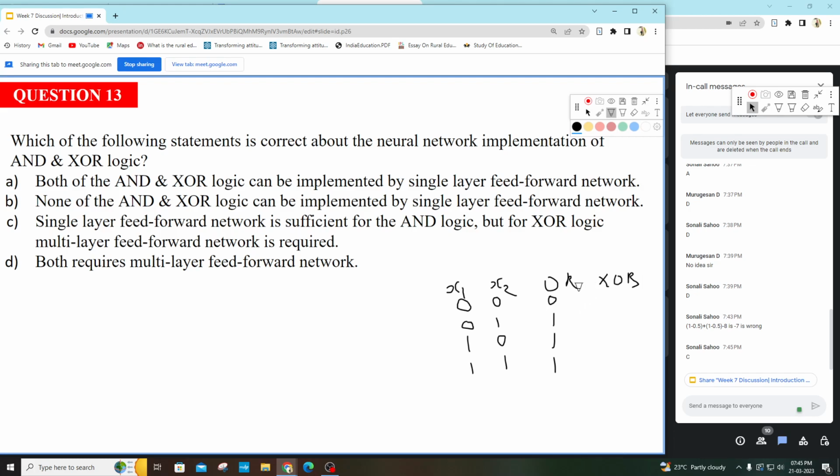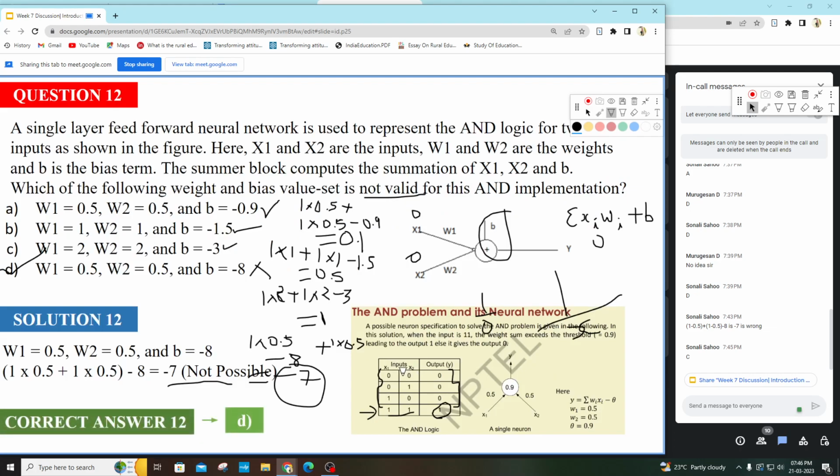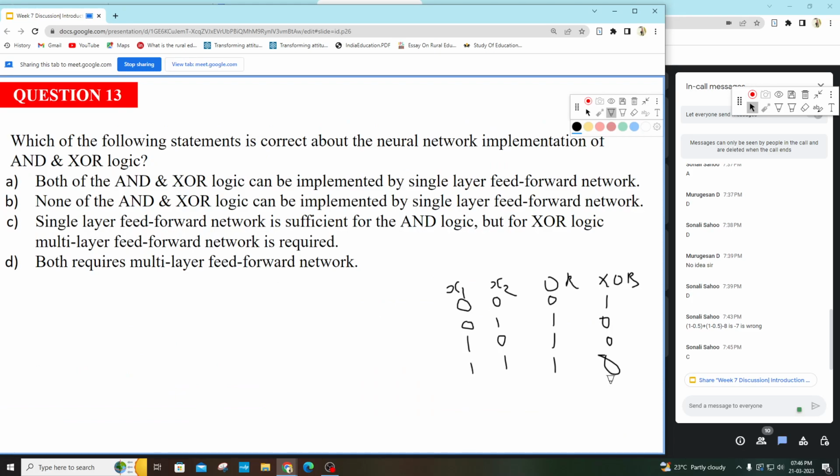And XOR means it is not of OR, that means 1 0 0 and 0. So this is how your XOR is made. And for AND, I have already shown you 0 0 0 1 1 0 1 1. Your output will be 1 only when both the inputs are 1, otherwise your output will be 0. So this is XOR, and the previous one was AND.